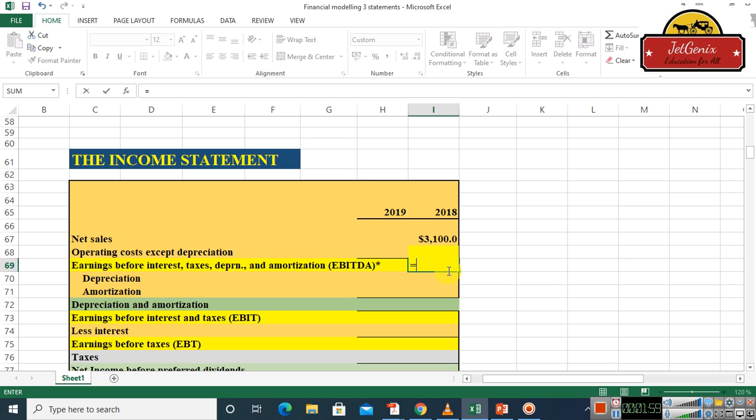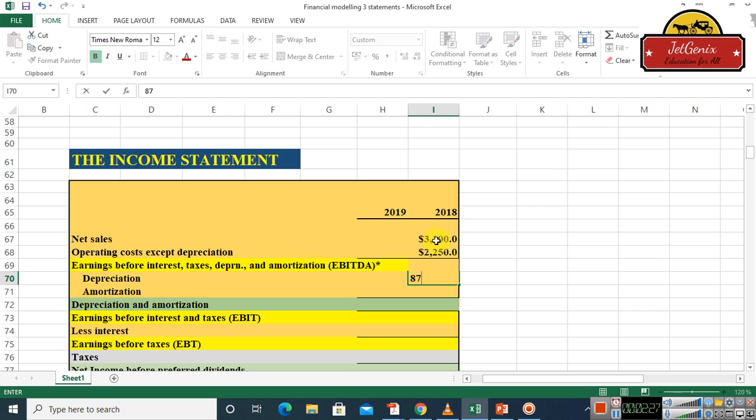Okay, so I will type equal and then I will select the net sale, and after that minus, and now I am going to select the operating cost. Okay, and now just press enter. Okay, so the earning before interest and tax figure is $850.